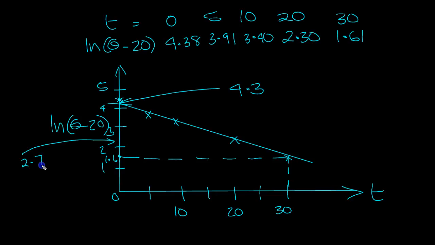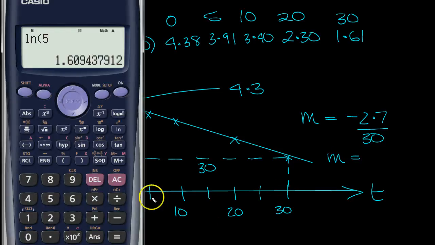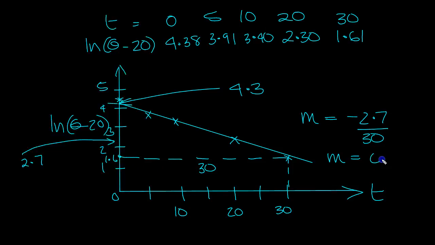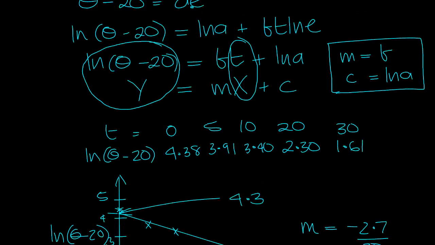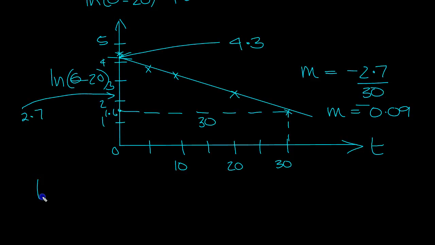That's 2.7 is the height down. We've gone along 30, so the gradient m is minus 2.7 over 30. So m is equal to minus 2.7 divided by 30, which is minus 0.09. So the gradient m is b. So b is equal to minus 0.09.